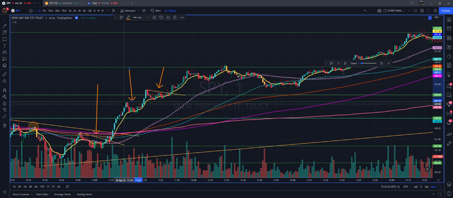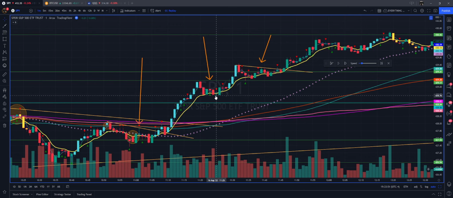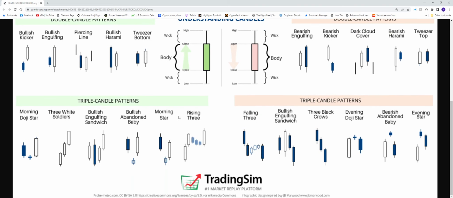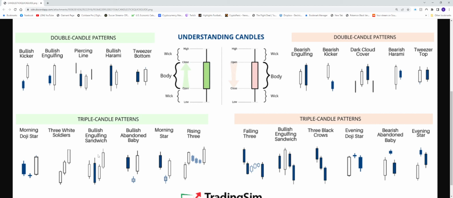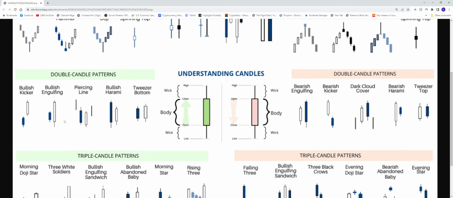Sometimes I miss it. Sometimes I get it, but most of the time you see an evening, I mean a morning star formation. You can see it in the candlestick guide under the education tabs. Normally what you see is some kind of bullish engulfing or a hammer.